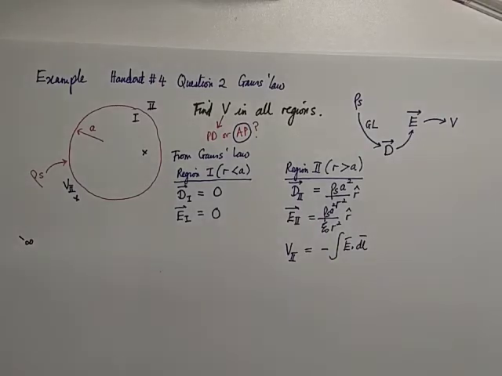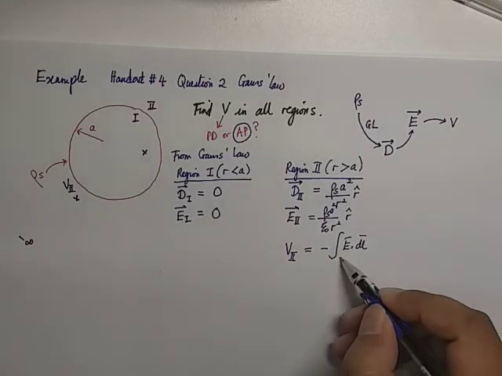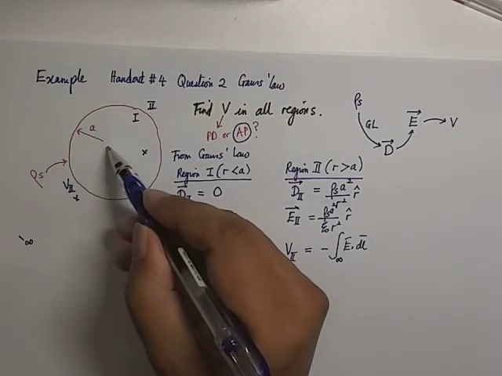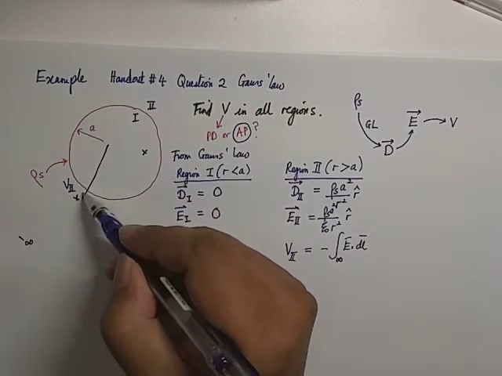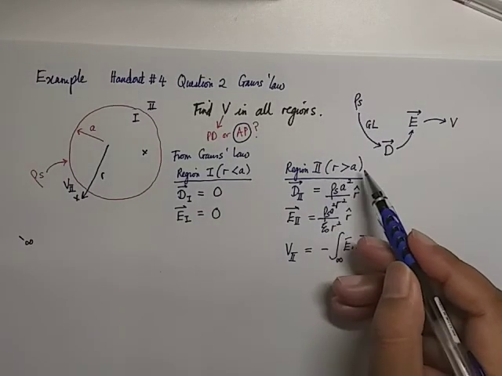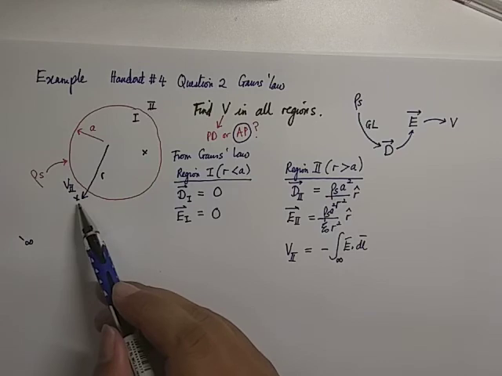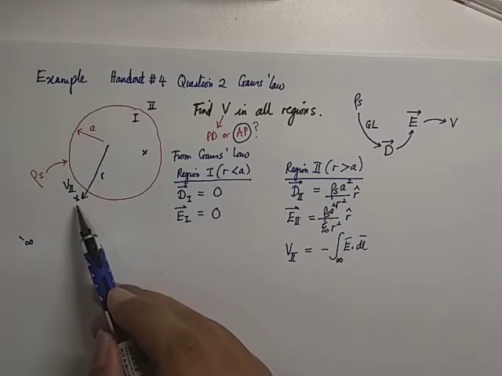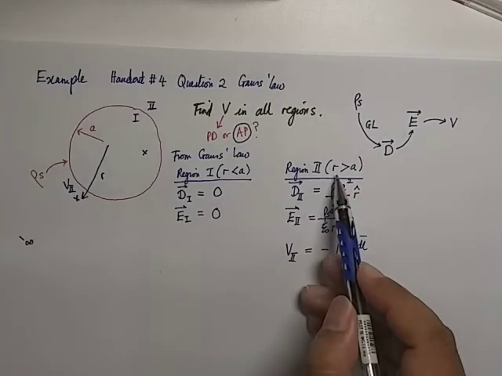So it should be from infinity, and then it must go to our R. What is R? R is greater than A. This point is defined by R. This point is not fixed, it's variable, it can move to any position in region number 2. That's why this point agrees with these definitions.